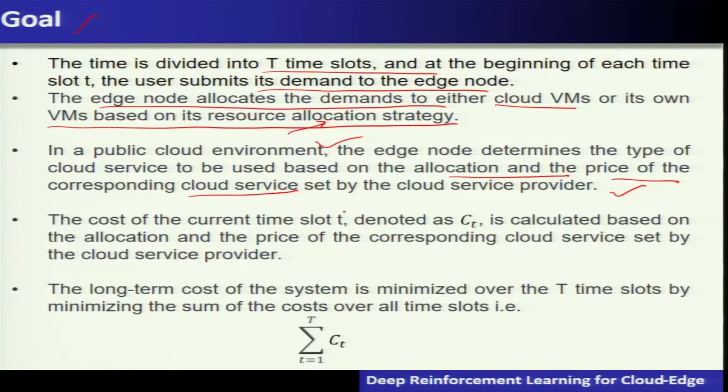So the cost of the current time slot T, which is denoted by CT, is calculated based on the allocation and the price of the corresponding cloud service set by the provider. So the long term cost of the system, the goal is to minimize over time. So the cost is to be minimized over the T time slots by minimizing the summation of the costs over all time slots, and this is written over here.